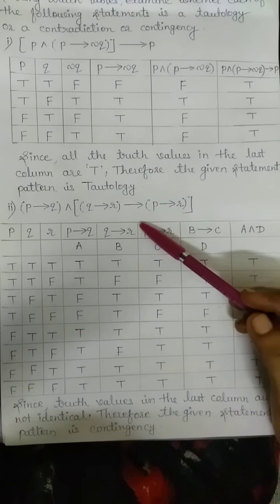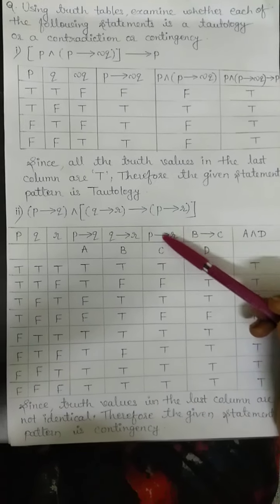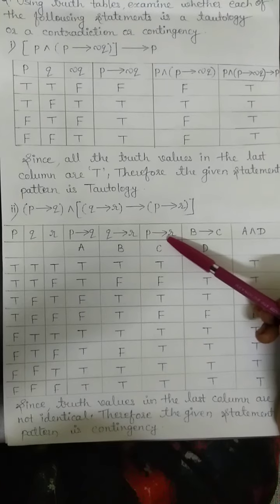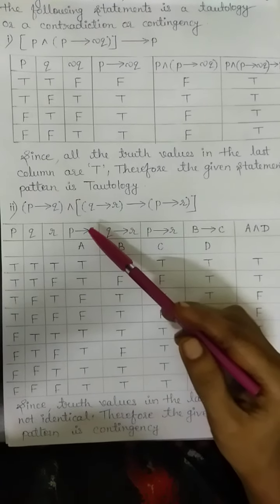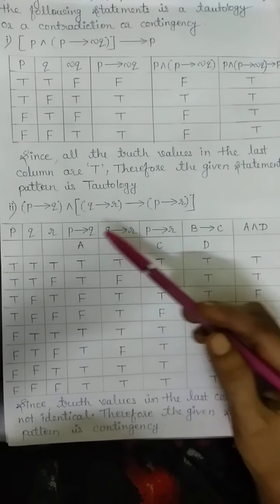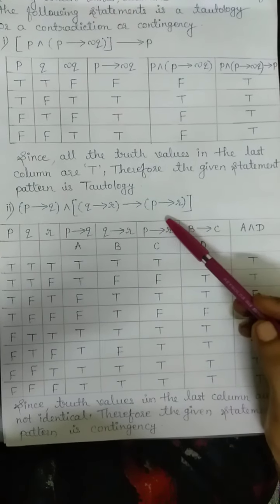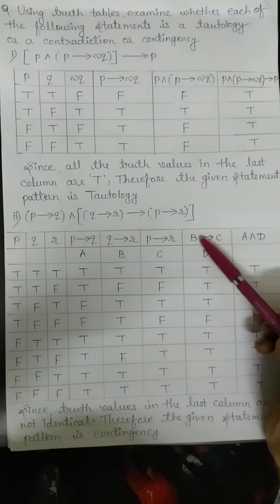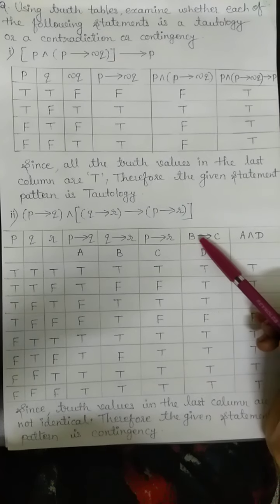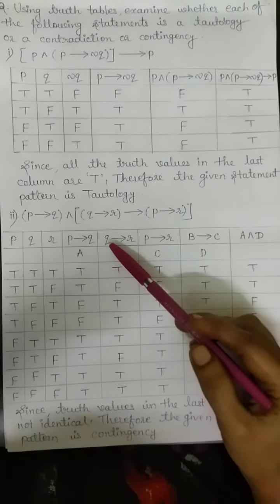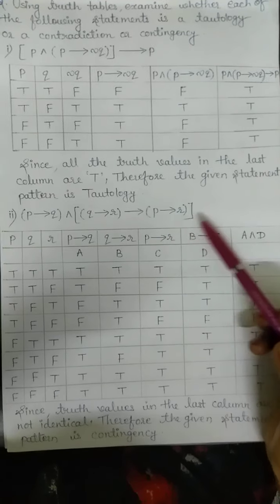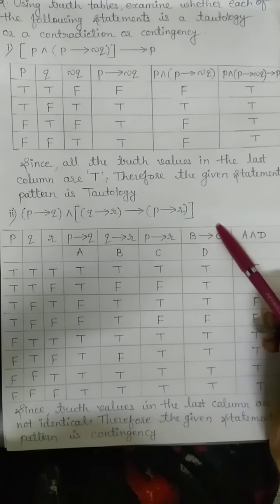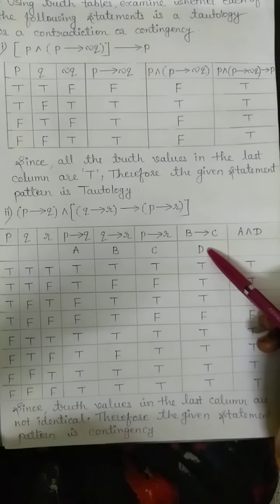And here first statement is P and second statement is R. Again by using the concept of implies we will get these values. Now here we call this as column A, this as column B and this as column C. So here we require B implies C, means Q implies R implies P implies R, and this B implies C we will consider as column D.